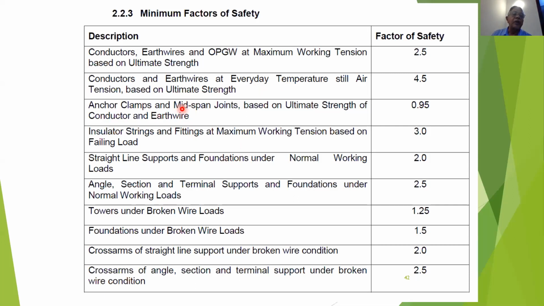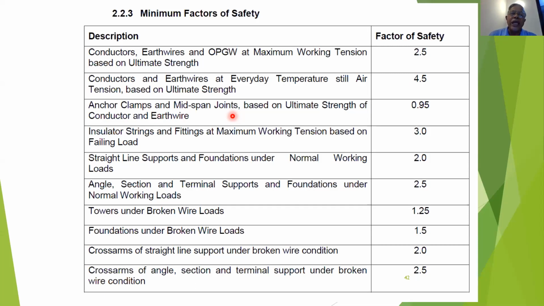Anchor clamps and mid-span joints. So the conductors come to port for a project in maximum 2 or 4 kilometer drums. Now what happens?